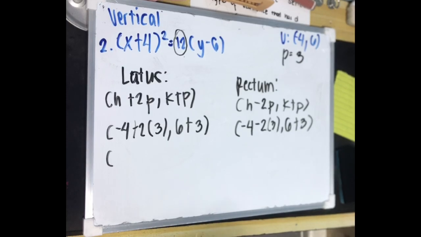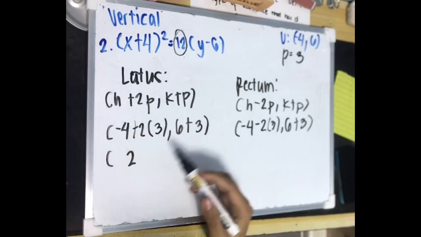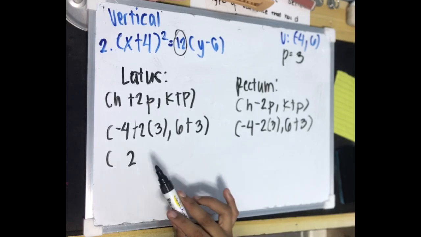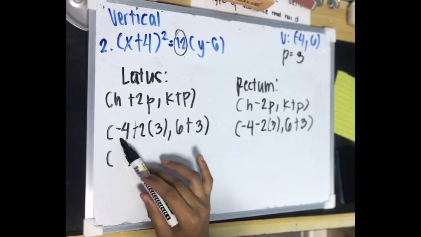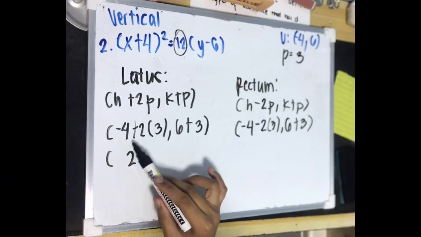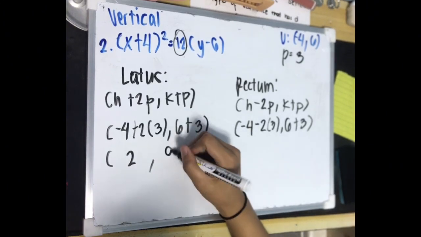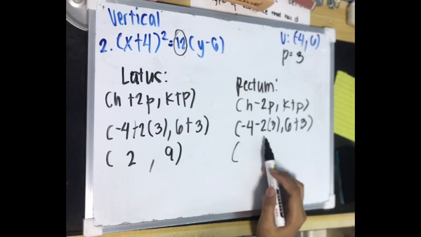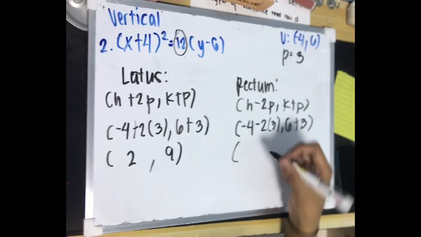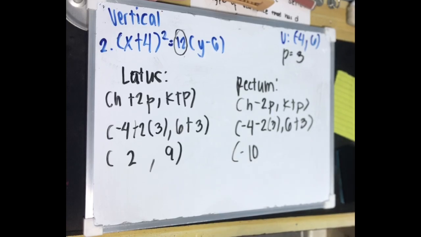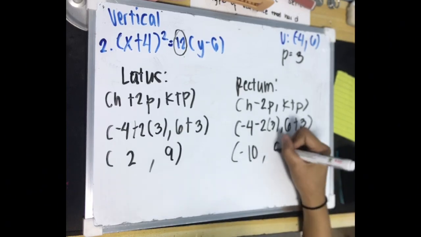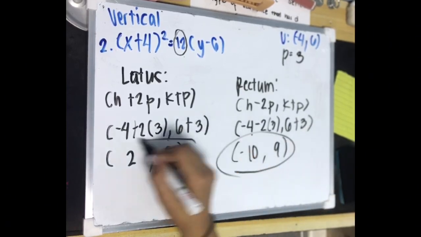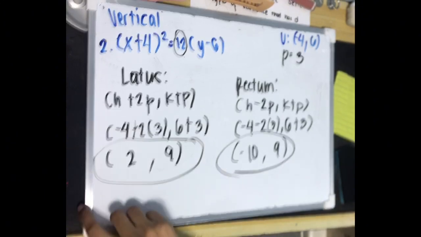The answer is 2, because 2 times 3 is 6, and negative 4 plus 6 is 2. And 6 plus 3 is 9. Here, negative 4 minus 6 is negative 10, and 6 plus 3 is 9. So these would be the endpoints of the latus rectum.